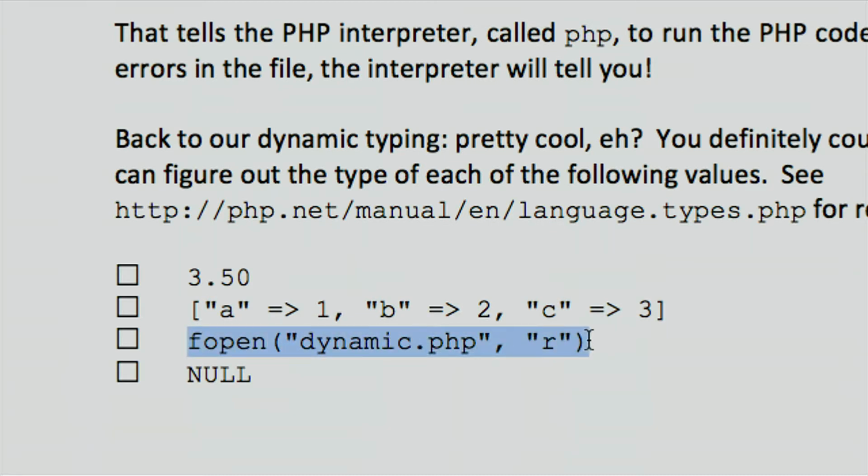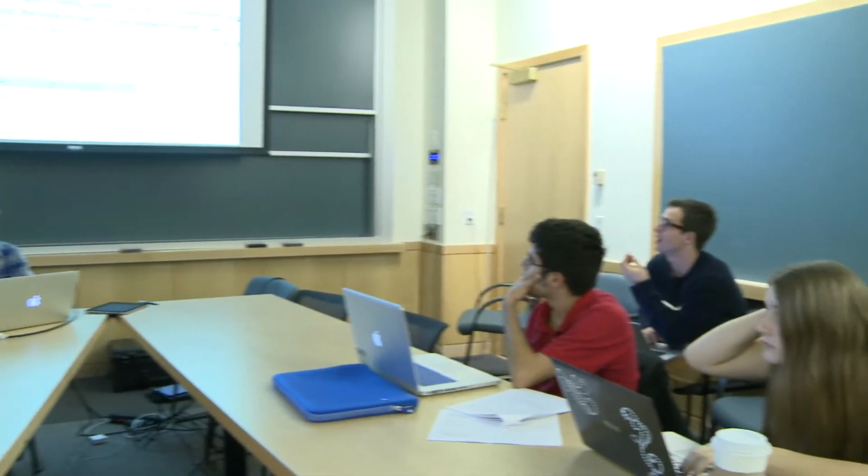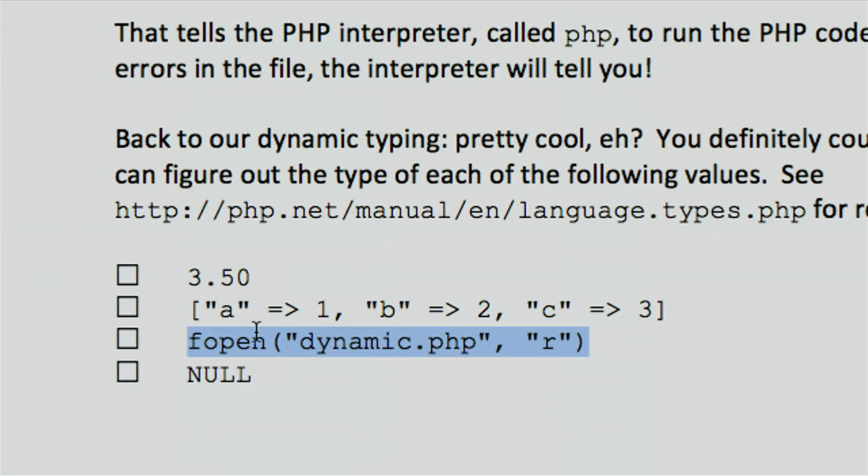You recognize this, right? What is this in C? Sam, what would this give you in C? It would open a file called dynamic.php and make it readable. Yeah, and what would be the type of variable that we would assign this to? File star. Exactly. We'd assign this to a file star. So this is legitimate PHP too.